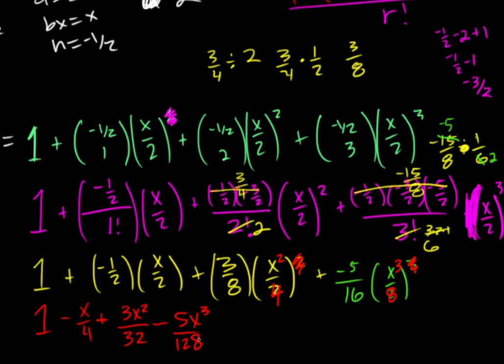Now part B, state the interval of convergence for the complete expansion. So the interval of convergence, you can just find it in your book, and so it just looks like this.